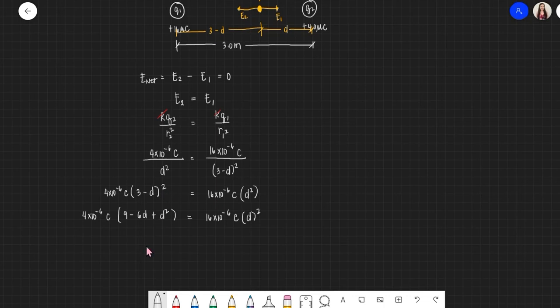By the way, you can just cancel out the coulombs, since the units cancel. Let's just write that again. So 4 times 10 to the negative 6, times 9 minus 6D plus D squared.